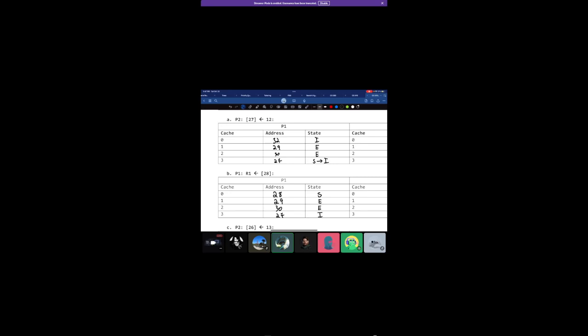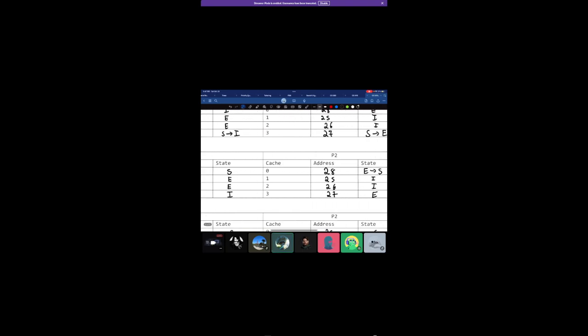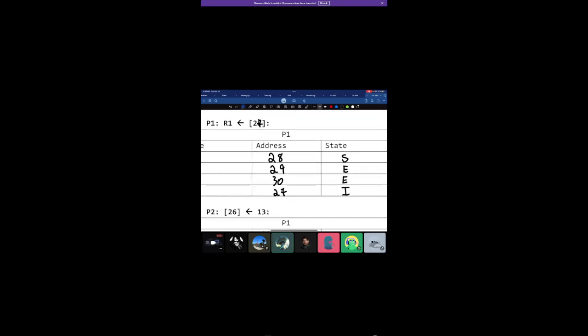It would only become shared if, let's say, this is invalid, and then on the next line this was 27. Then we would see that we get a miss, but here it's exclusive, so from there we can share it. Since processor 1 hasn't asked for address 27, we don't share it. Alright.